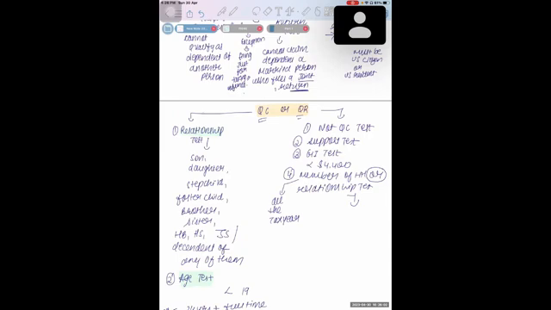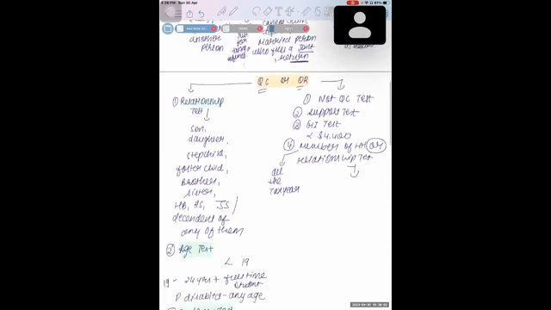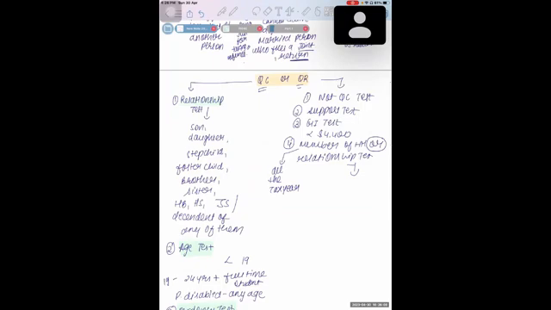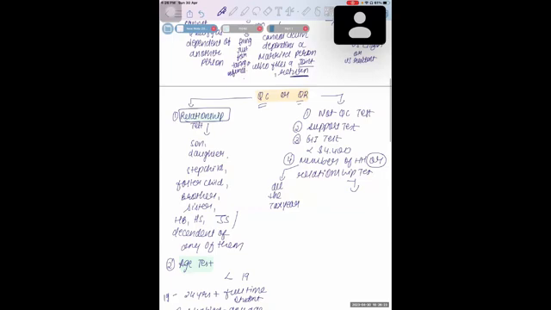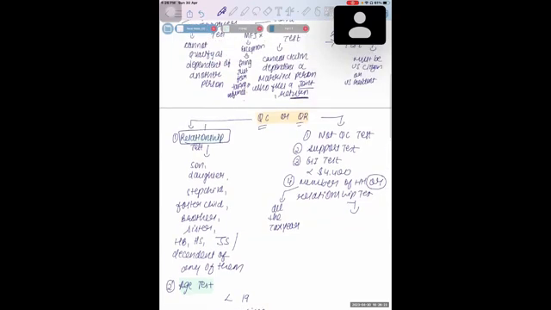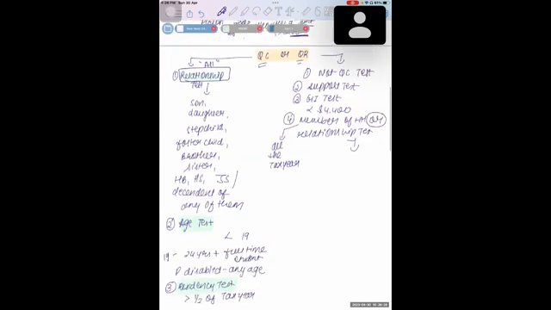It can be your son, daughter, stepchild, foster child, brother, sister, half brother, half sister, any of these. But that should be your relative. So the first condition is relationship test, and you must meet all the conditions here.